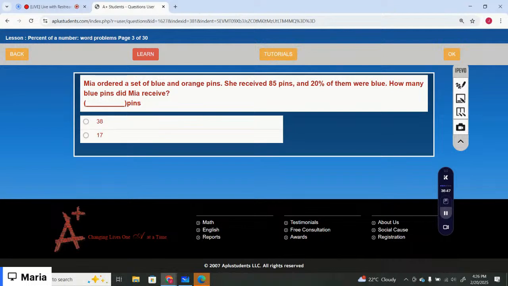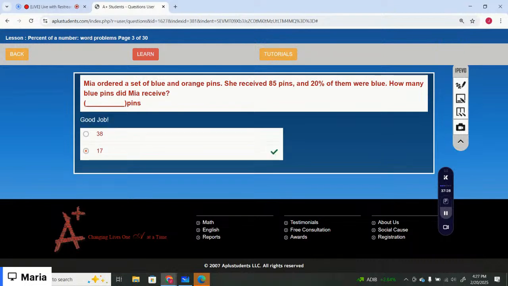So, which is the correct option? 20% of 85 is 17. Option number 2 is the correct option.